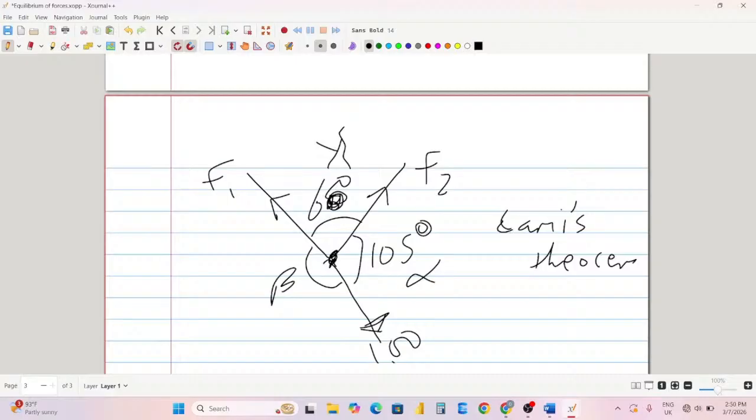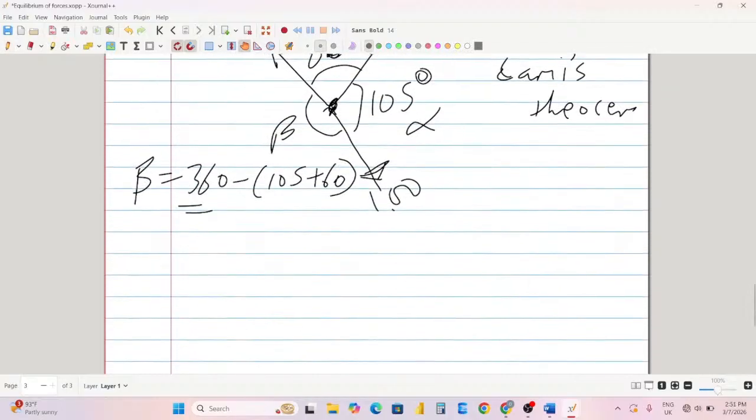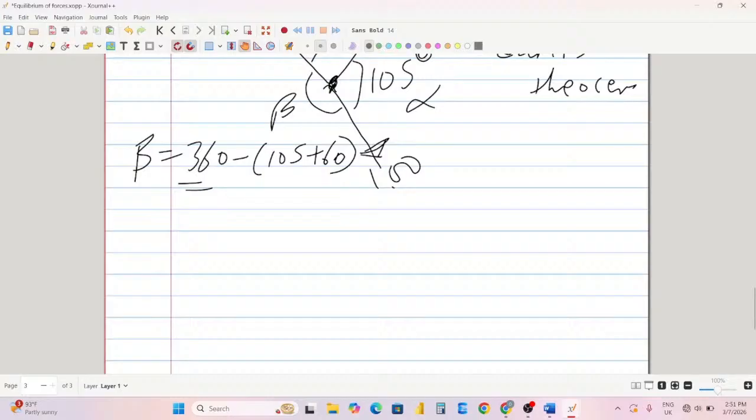Okay, because of time, I think we need to round up. So our beta would be obviously 360 minus 105 plus 60. Whatever you get here will be your beta. Then you can apply Lami's theorem to your beta. Okay, let's do it together.